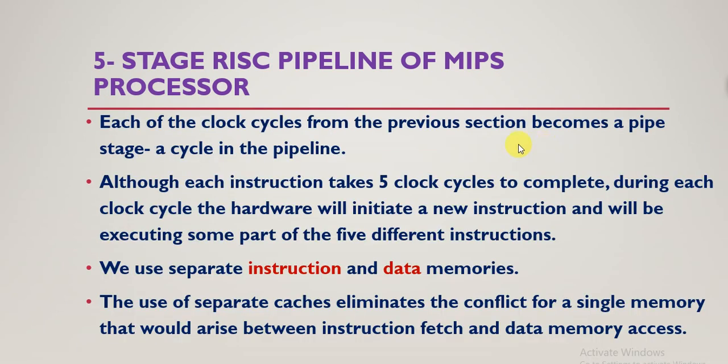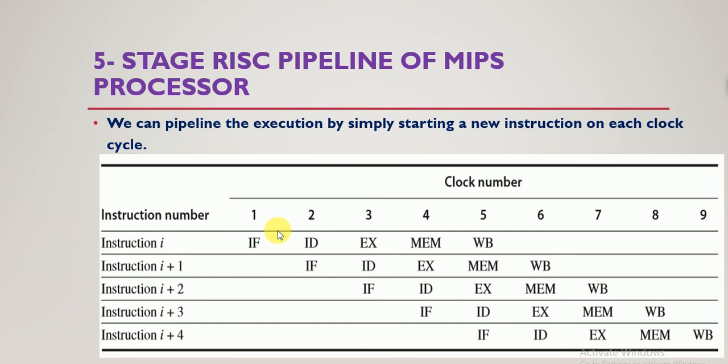So this is further explanation on the same thing. Each of the clock cycles from the previous section becomes a pipe stage. You can just look at the previous diagram. The first clock cycle forms a stage, then the next clock cycle forms the next stage, and so on.